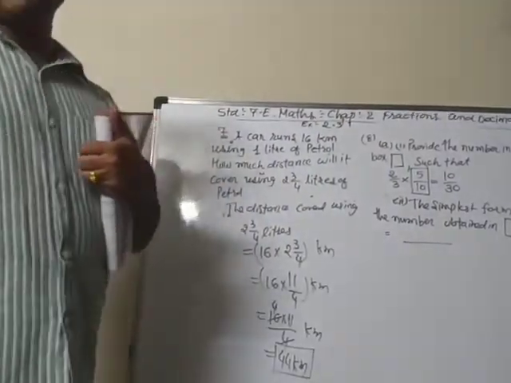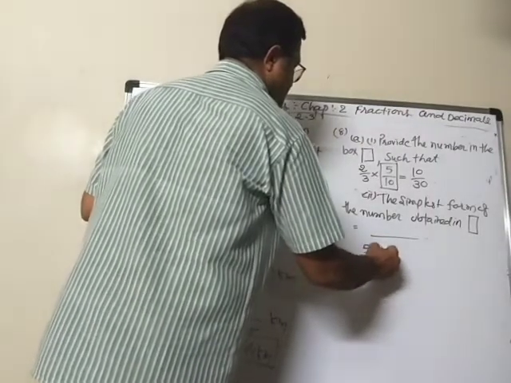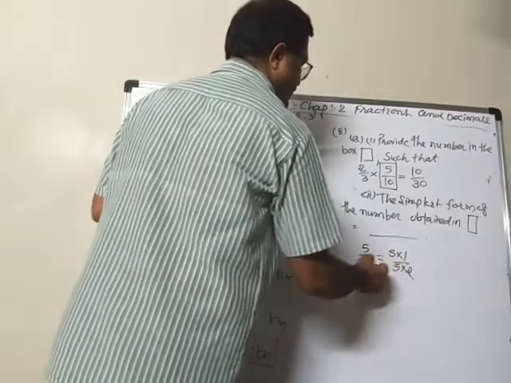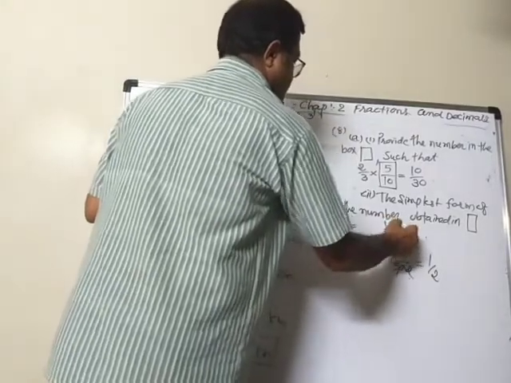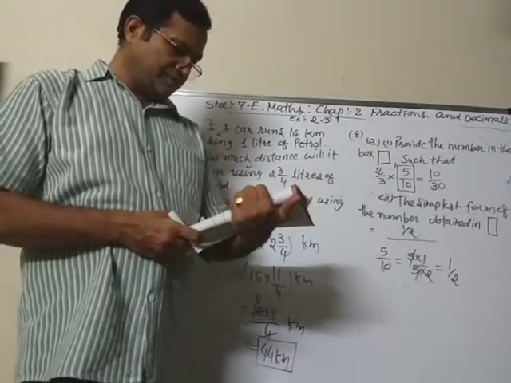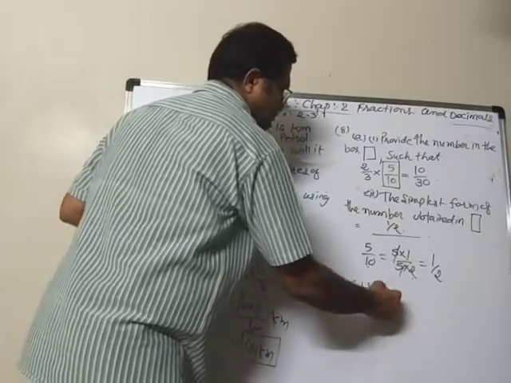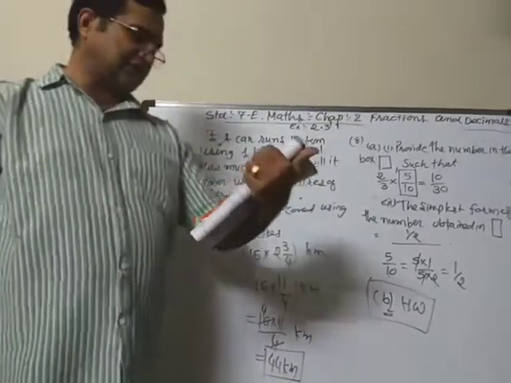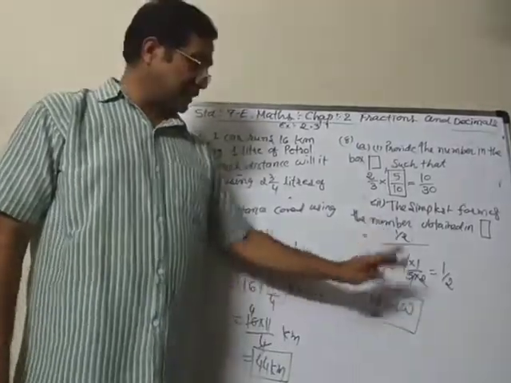So which number we got in the box? 5 upon 10. So 5 upon 10 is equal to 5 into 1 upon 5 into 2. 5 2s are 10. So answer is 1 upon 2. Now here same question is given in the B, and that B you can write down same like this. 2 questions are there, and that you can do the same way.